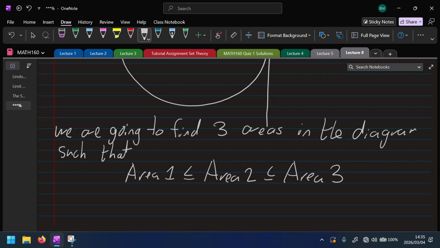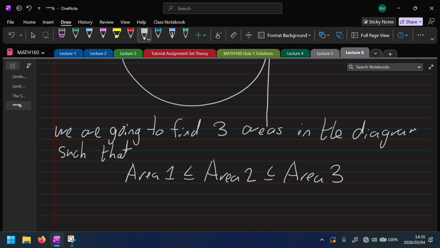Okay, so we have the smallest one, a medium one, and a large one. And I hope you start seeing where we're going to be using the squeeze theorem. So we're going to have f less than g less than h. We're going to take the limit throughout, and we're going to end up with the limit we want in the middle. Okay, so what are these areas going to be?